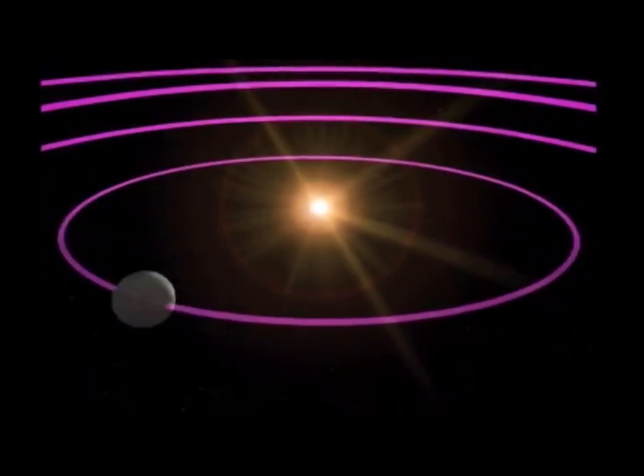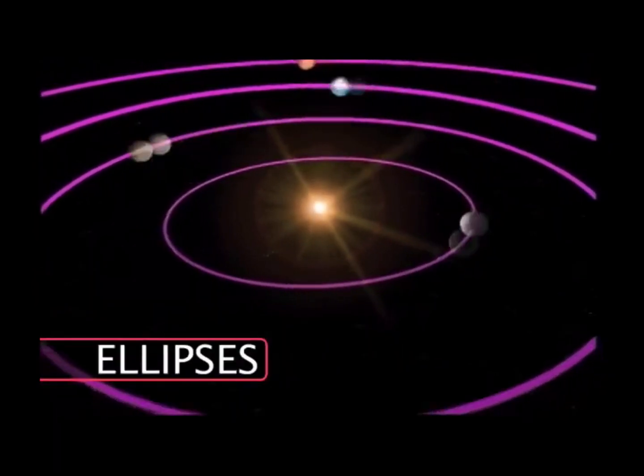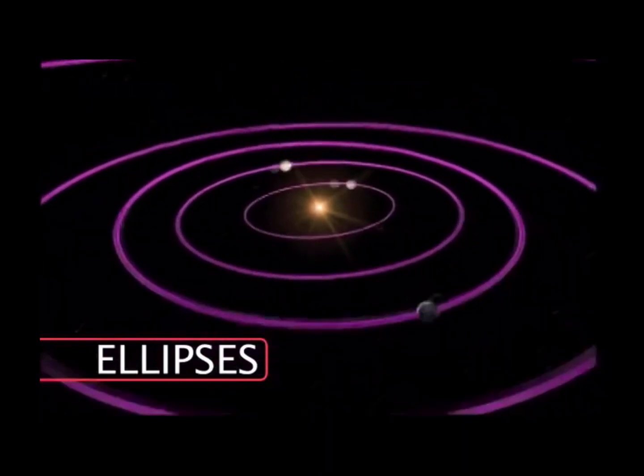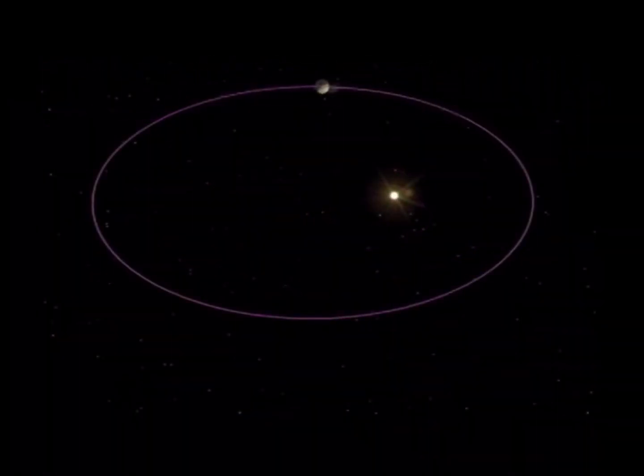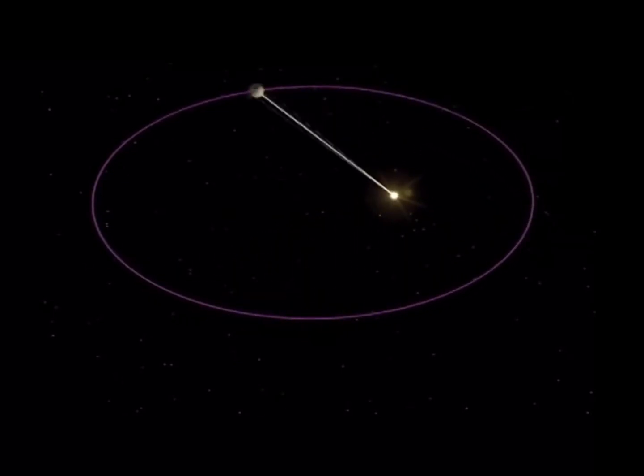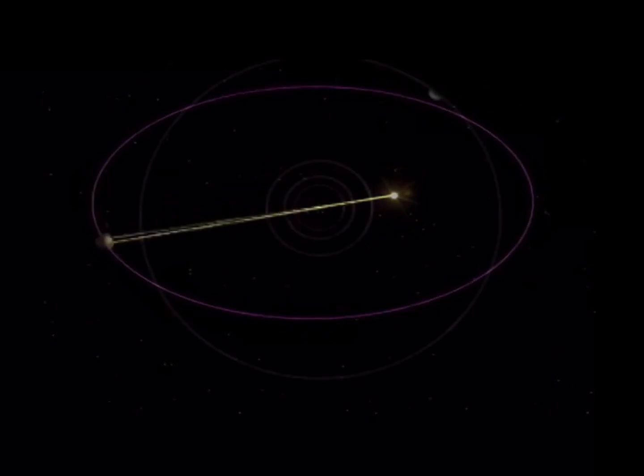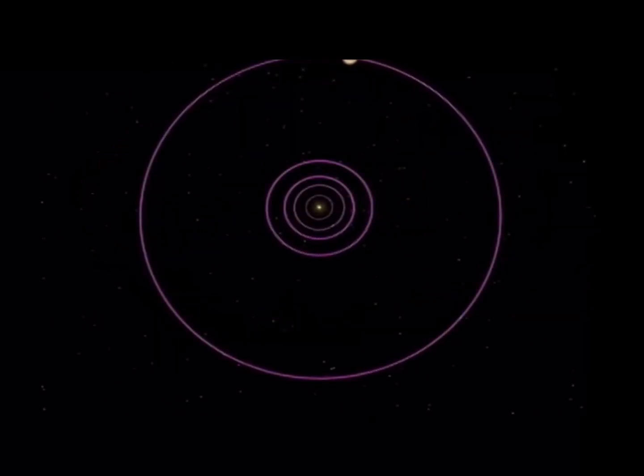The first was that planets move around the Sun in ellipses, not circles. The second was that orbital speed varies. The planet travels fastest when nearest the Sun, and slowest when farthest away. His third law was that planets orbit slower and slower the more distant they are from the Sun.